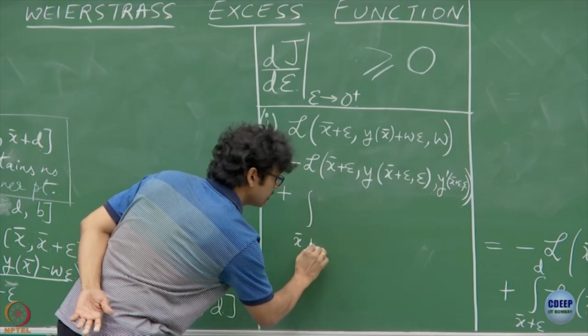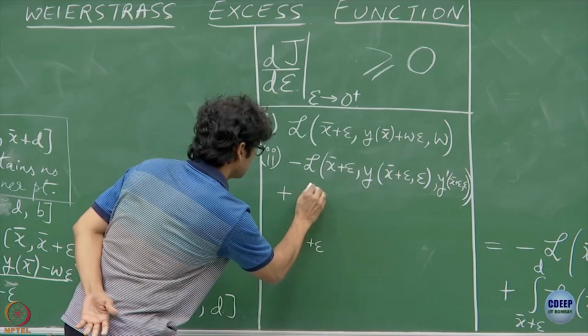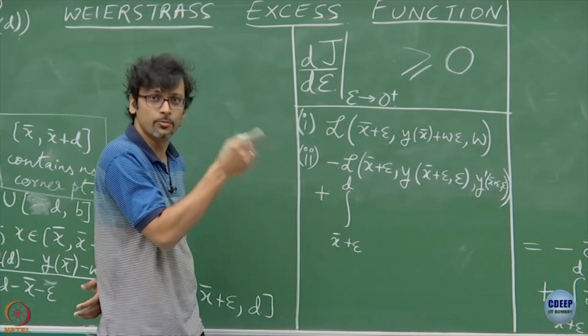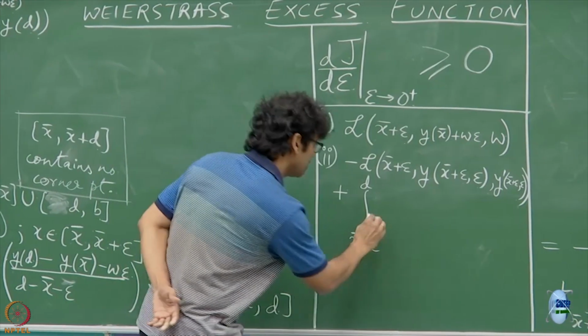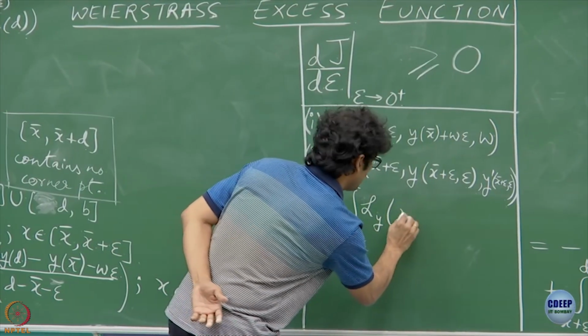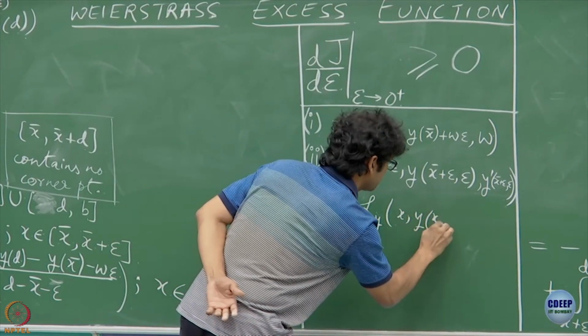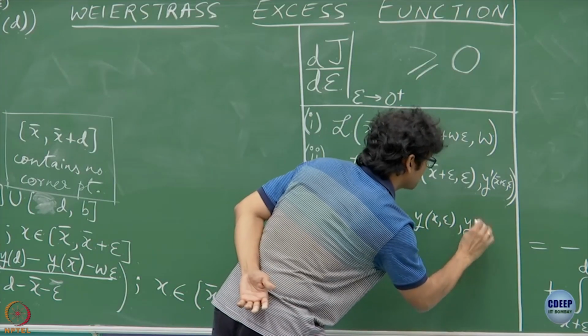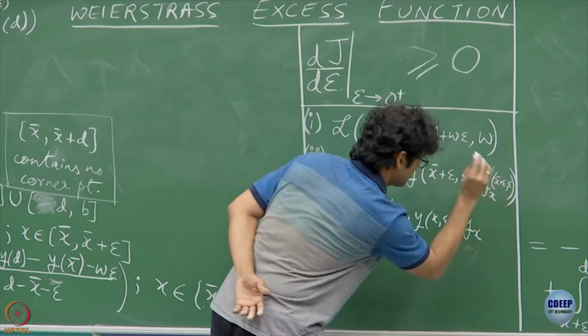x bar plus epsilon to d. Please note this, I'm not going to finish this in today's lecture, so you have to prompt me in the next lecture when I come back and tell me what the right term is. Okay, L y x comma epsilon y x. So let me also make this as y x.